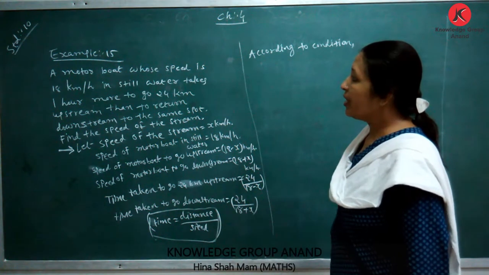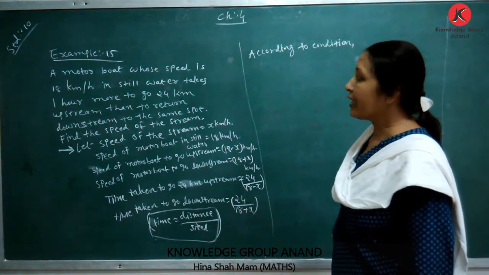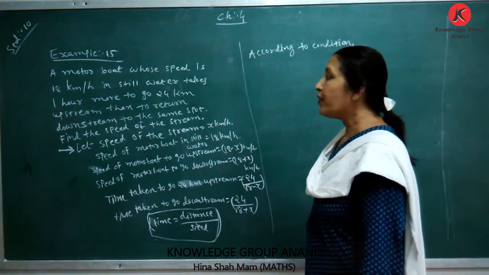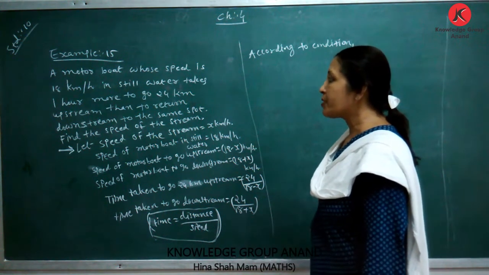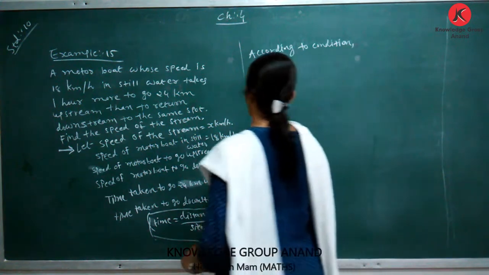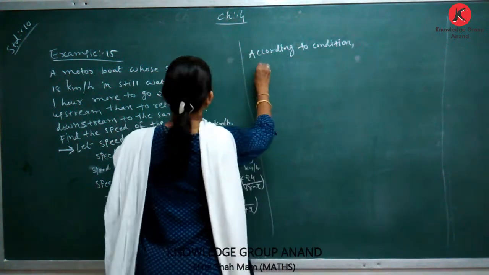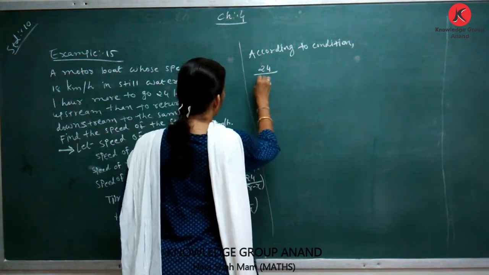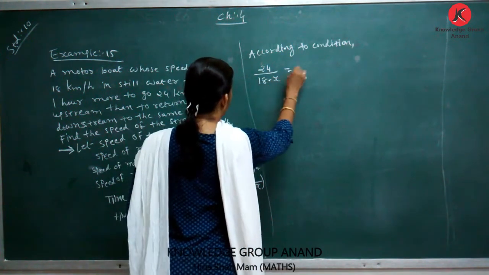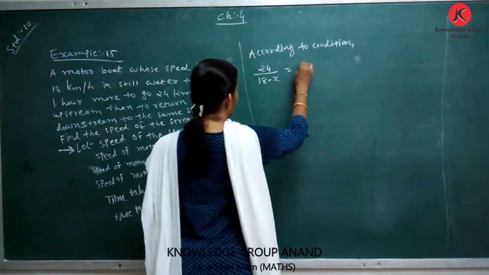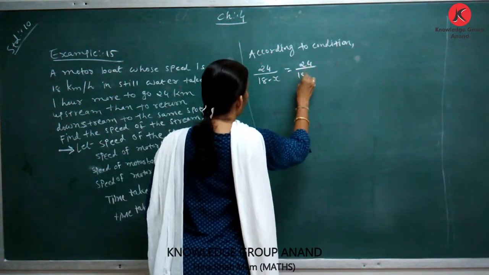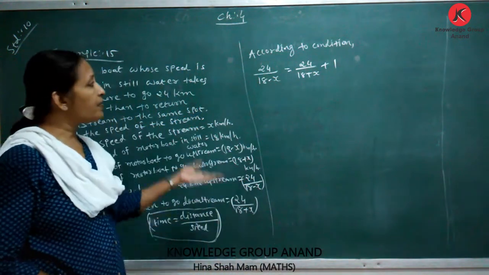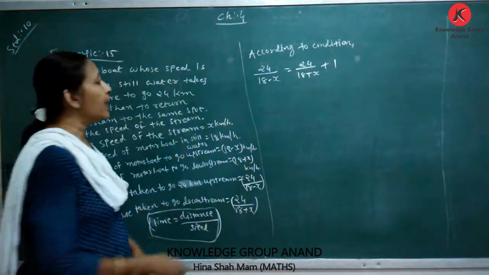According to the condition, speed is 18 km per hour in still water, it takes 1 hour more to go 24 km upstream than to return downstream. Upstream time taken, 24 upon 18 minus x, is equal to downstream time plus 1. Suppose 1 less, then minus 1.